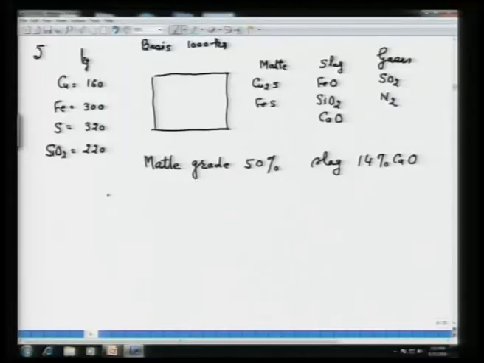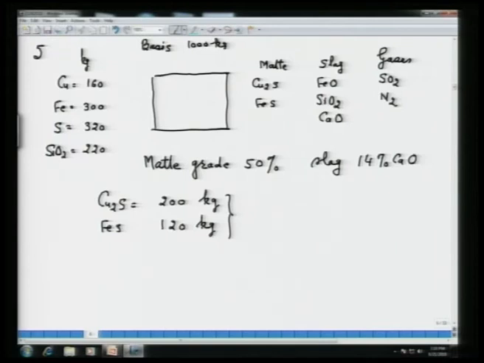You know the definition of matte grade: the amount of copper upon the amount of matte. If I do that, I will get the amount of Cu2S and the amount of FeS. So, Cu2S will be 200 kg and FeS will be 120 kg. This is how we now know the amount of matte.